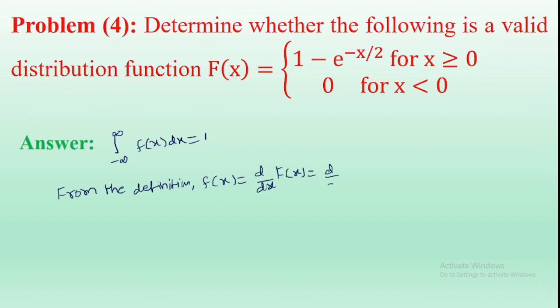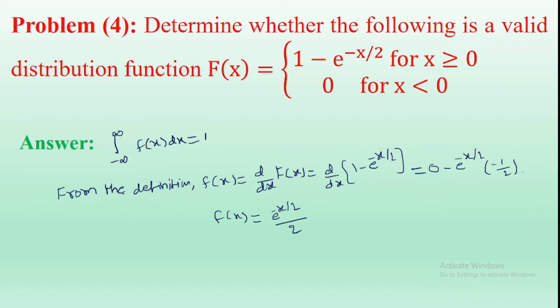That is d by dx of 1 minus e power minus x by 2. Differentiating with respect to x, the derivative of 1 is 0, and the derivative of e power minus x by 2 is e power minus x by 2 into minus 1 by 2. Therefore, the density function f_X(x) is equal to minus into minus, plus e power minus x by 2 by 2.